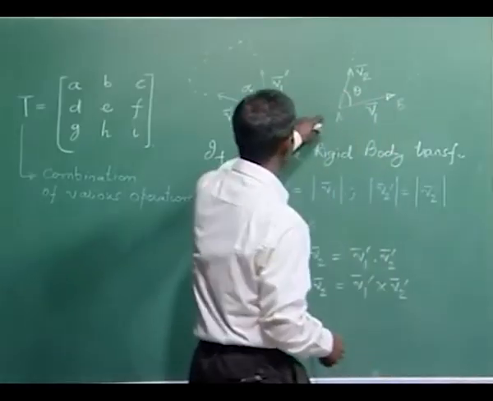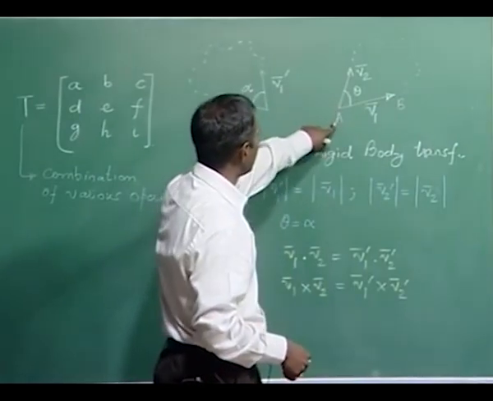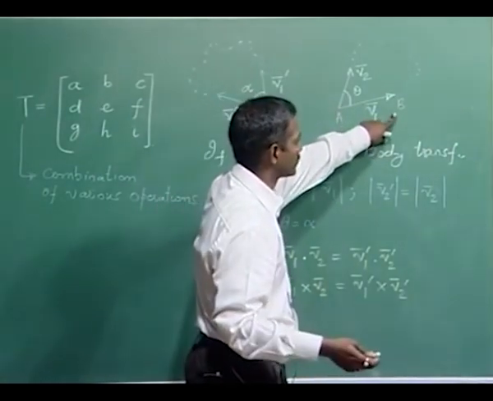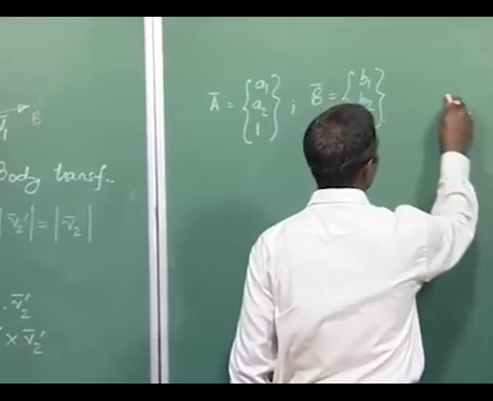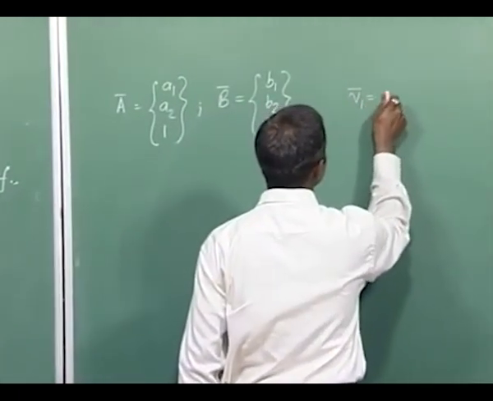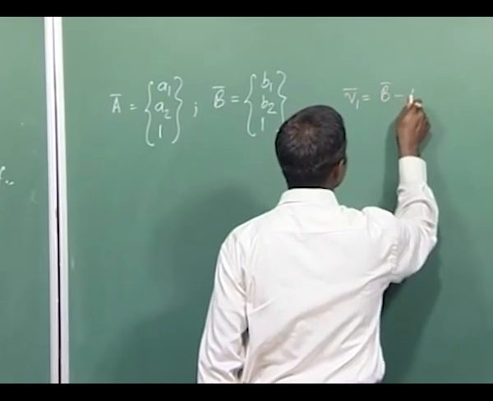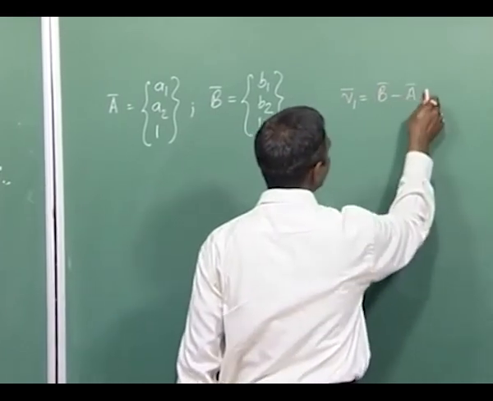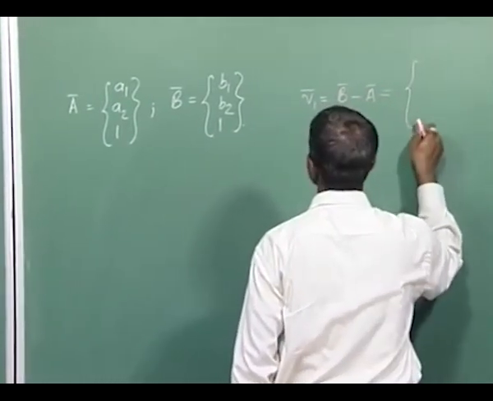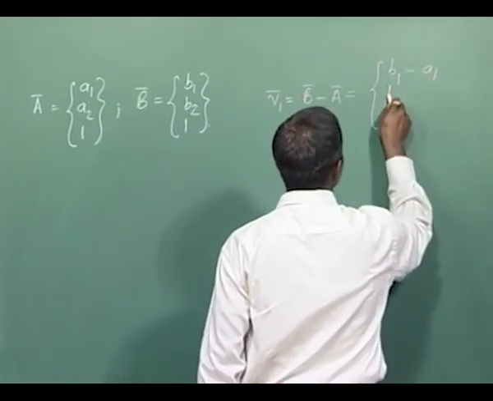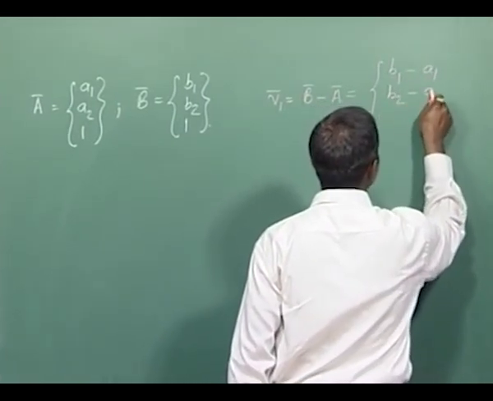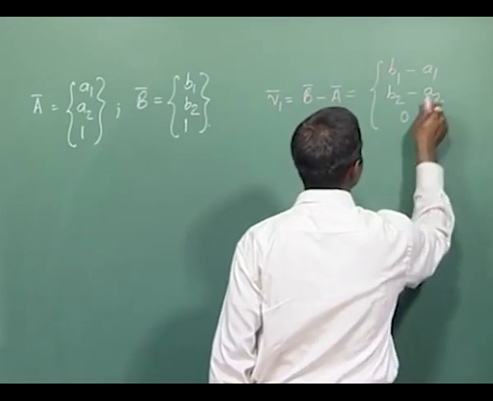Notice that with respect to some origin, A and B will be position vectors. By vector algebra, V1 equals B minus A, and in component form, this is B1 minus A1, B2 minus A2, and 0.